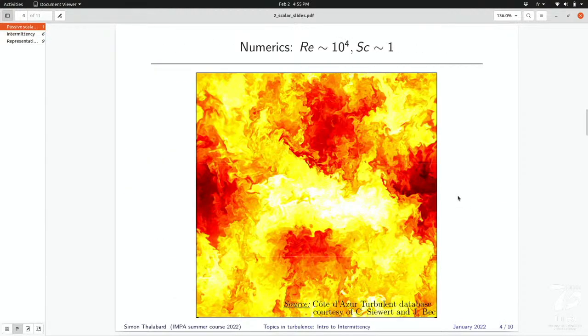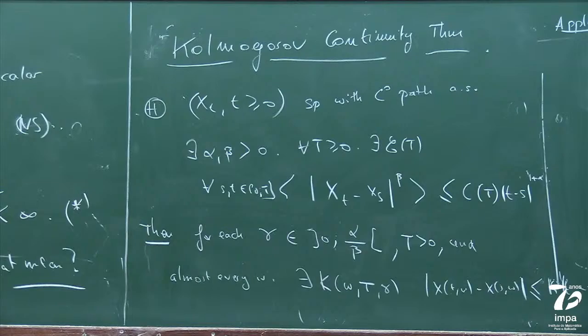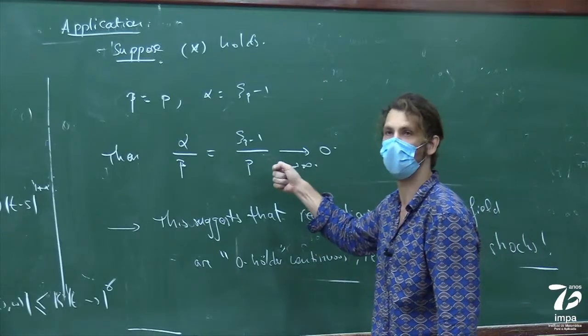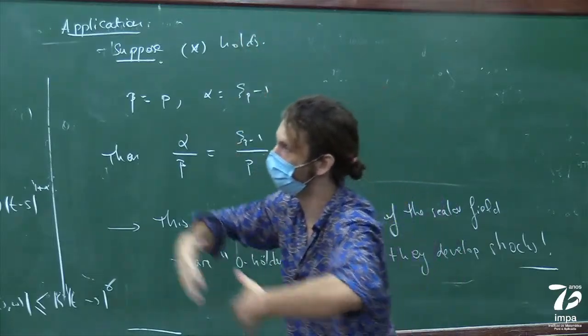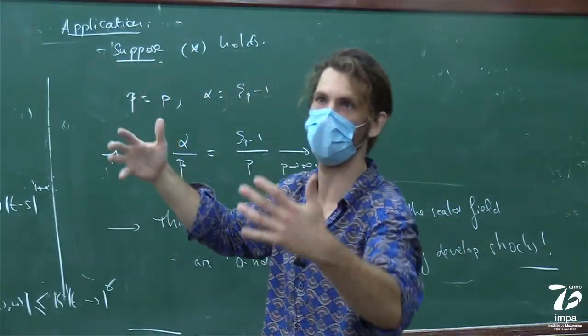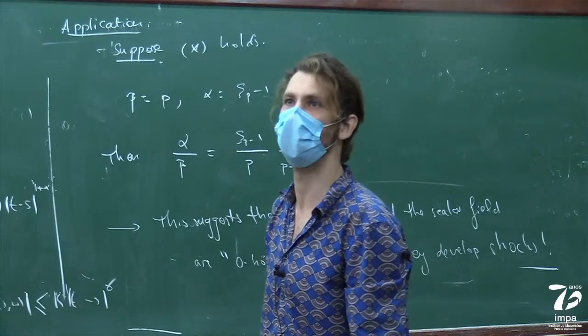You see indeed in this picture that there are some large patches where the scalar is very red, and others where it's very yellow. The interface between the two is very sharp, so sharp that it can be a shock in this sense. It's very likely that in the limit when you let everything go to 0, even kappa, this could indeed be a shock.